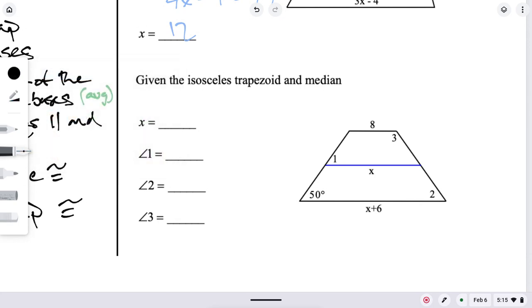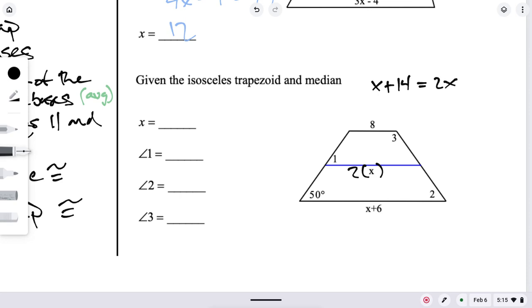So then your last example here, given the isosceles trapezoid and the median, you're just trying to fill in the blanks. Again, going to be easier for me to think about it as 2x in here is congruent to 8 plus x plus 6. So when I combine those two bases, I get x plus 14, excuse me, equals 2x.